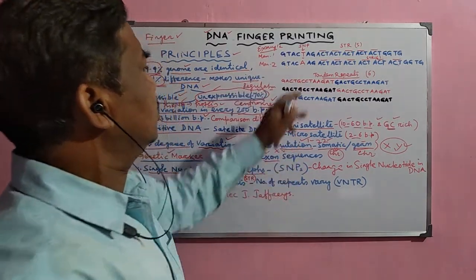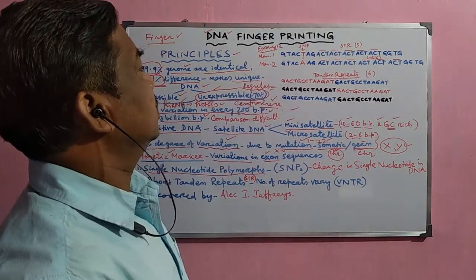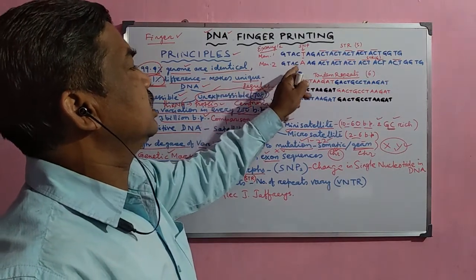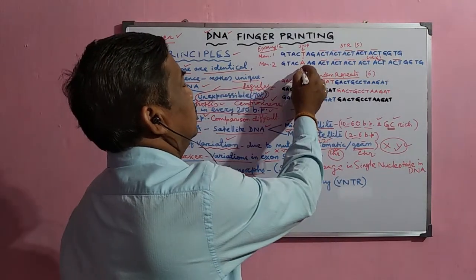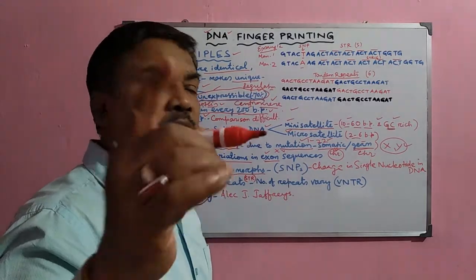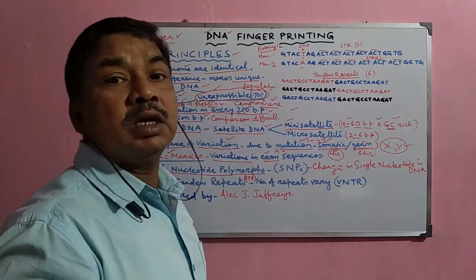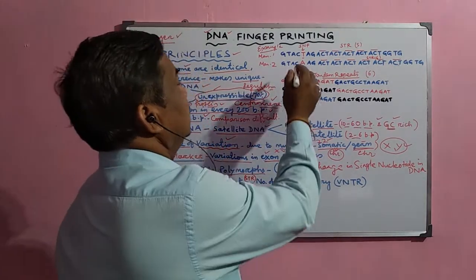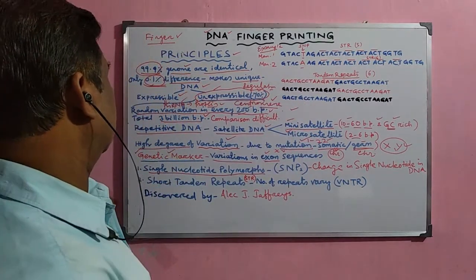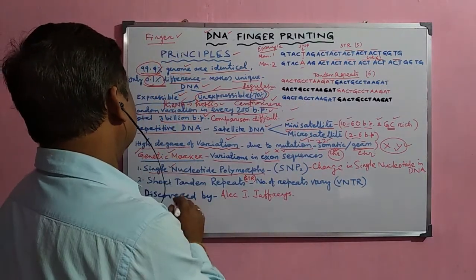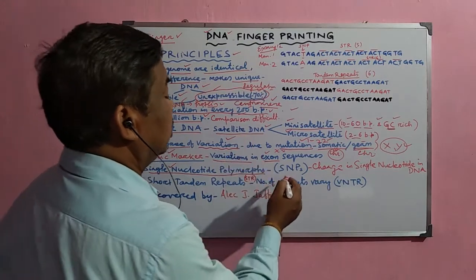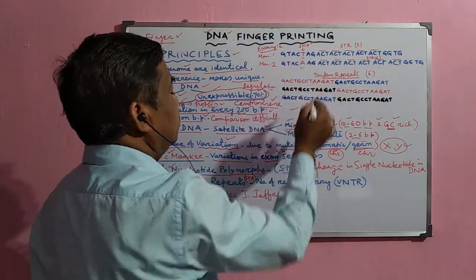In individual 2, you will find G, T, A, C, where A is present in place of T. In the first individual there is T, and in the second individual there is A. This difference in the nucleotide is the single nucleotide polymorphism, or SNP.